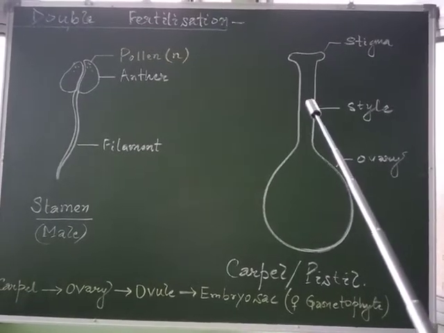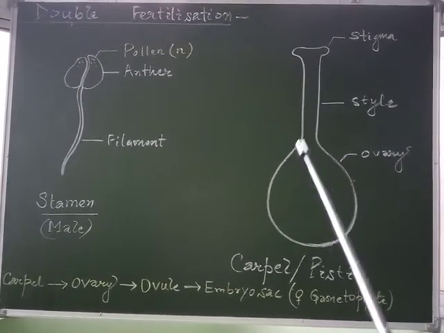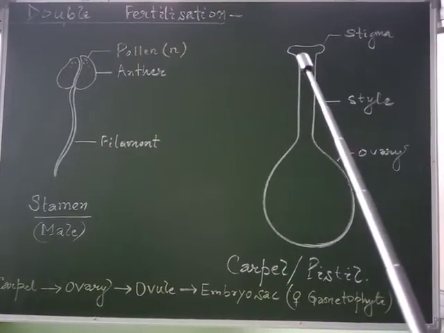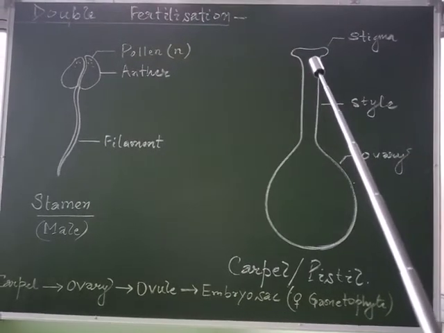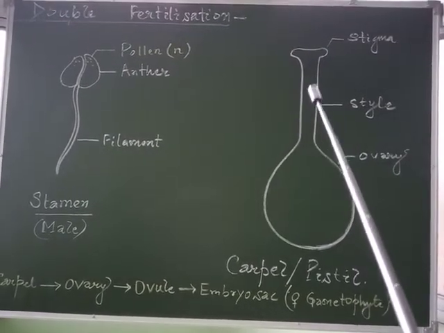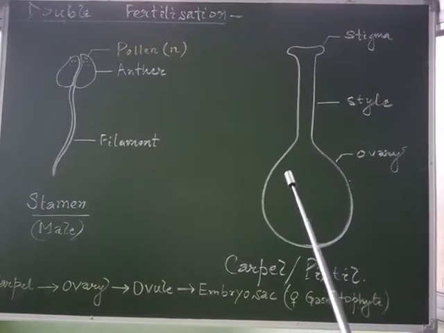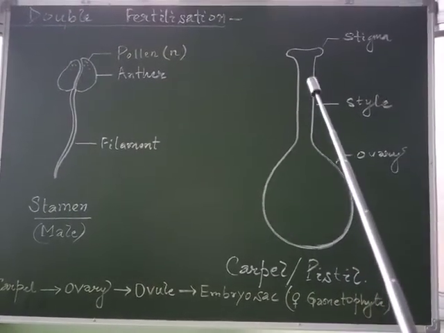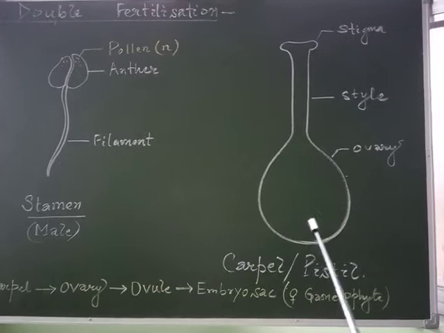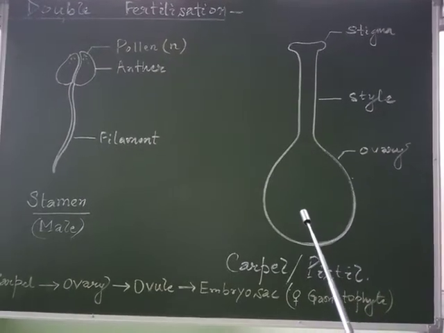Whereas the carpel or pistil consists of the receptive surface, the stigma, a tube-like structure called the style, and a swollen base called the ovary.